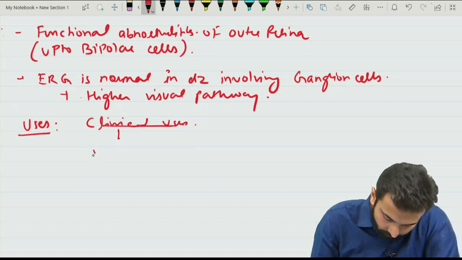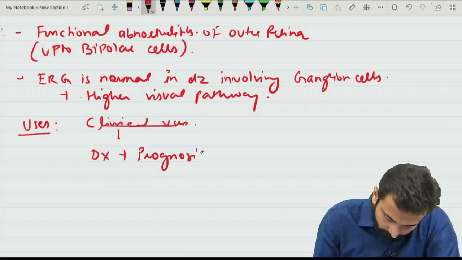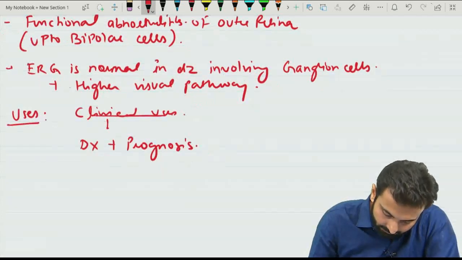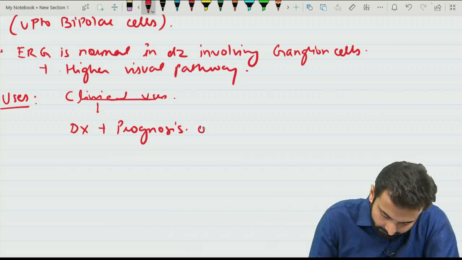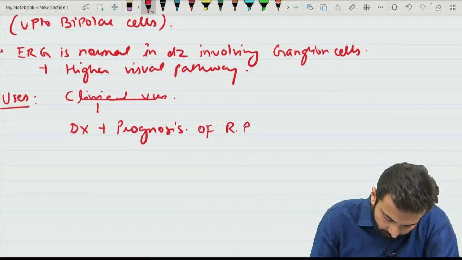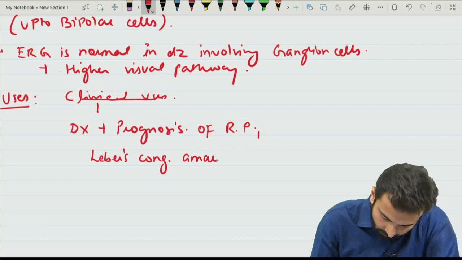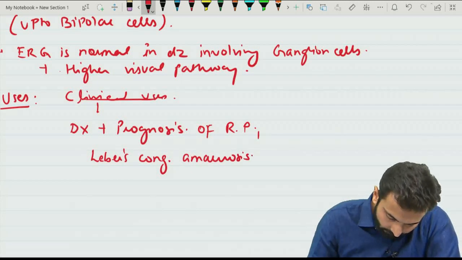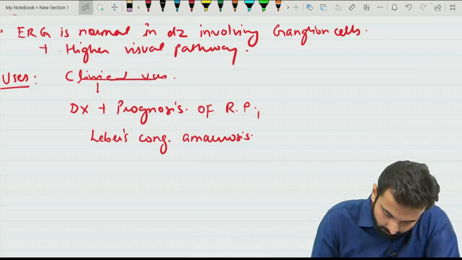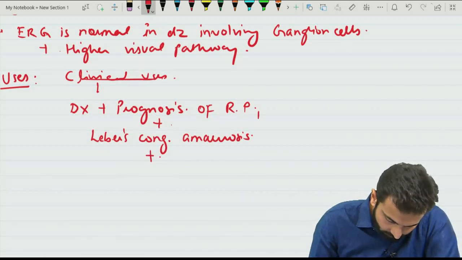It is used for diagnosis as well as prognosis of diseases like retinitis pigmentosa (RP) and Leber's congenital amaurosis, and other chorioretinal degenerations.